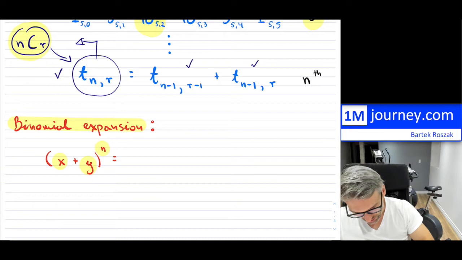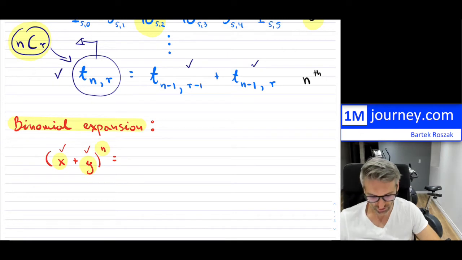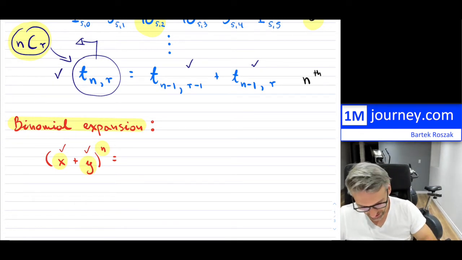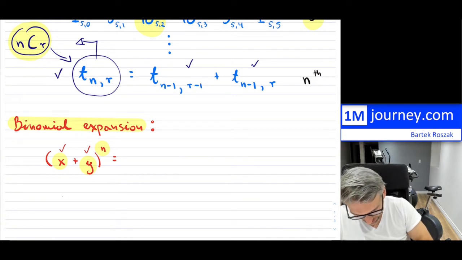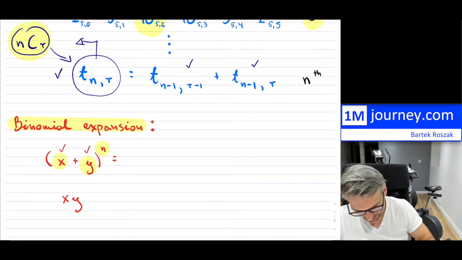Let me show you how this expansion would look for these two particular binomial terms, x and y. Because this is to the nth order, the first term is going to have x to the n, and then y to the 0.